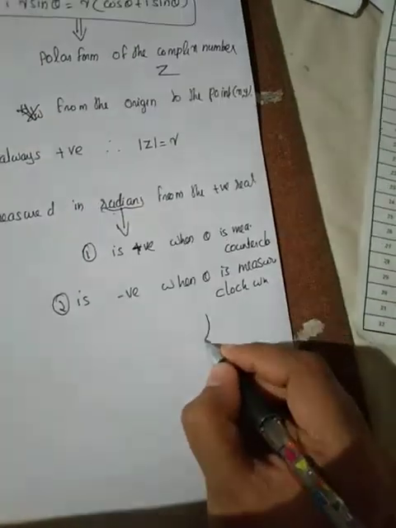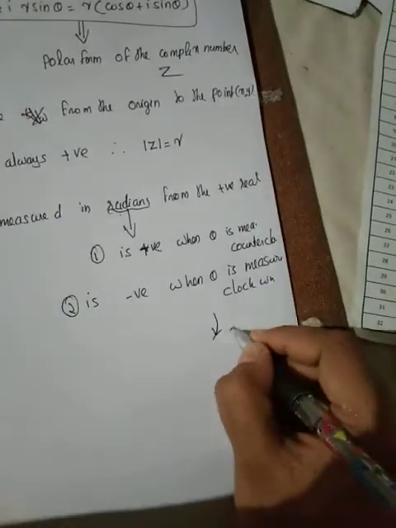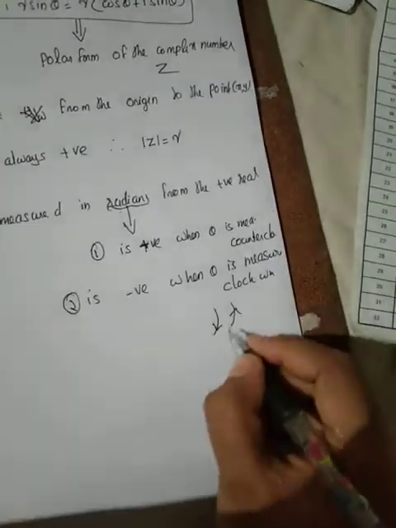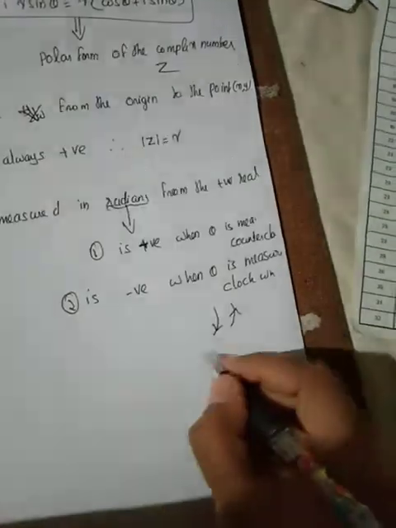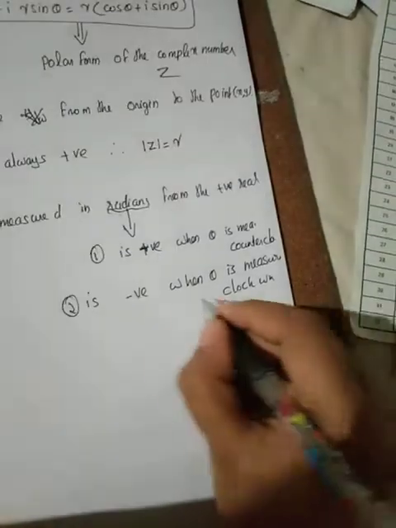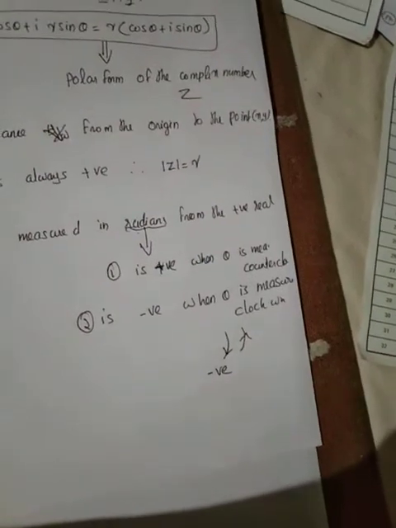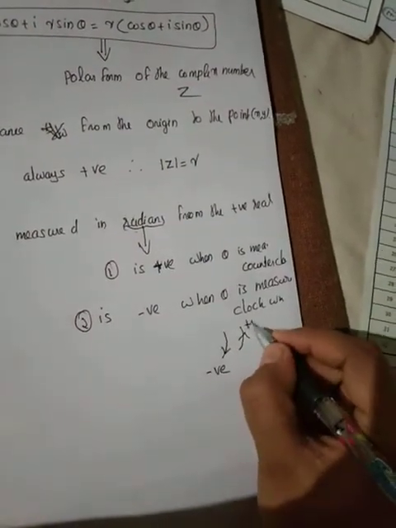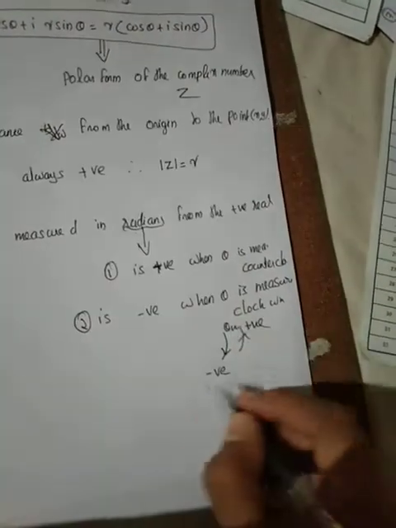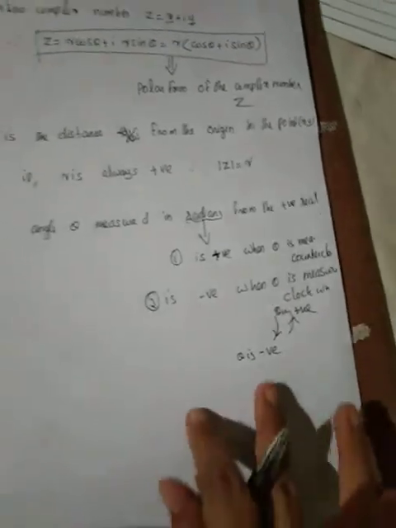Clockwise means in this direction, and counterclockwise means in this direction. Clockwise when theta is negative, and counterclockwise when theta is positive.